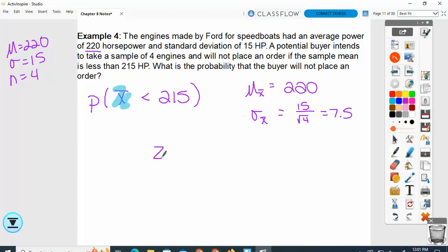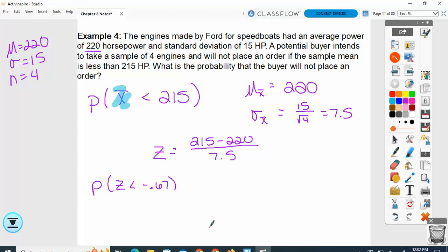So now we need our z. z is x minus the mean divided by the standard deviation. That gives us a negative 0.67.